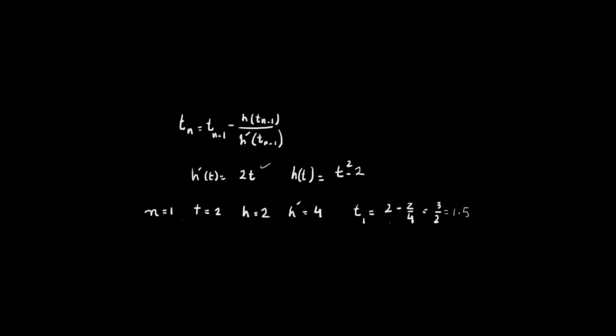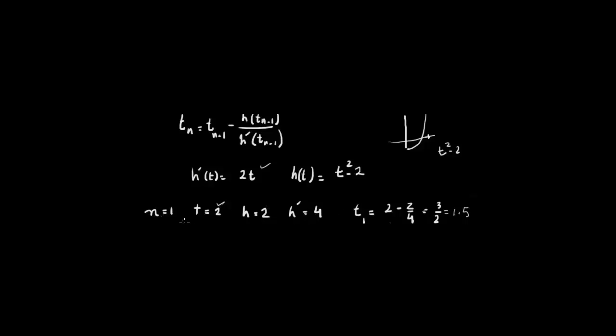Let's say we start with n equal to 1. Our initial choice, where I start on that curve, was initially at time t equal to 2. The height of that curve at that point, remember, was t squared minus 2, so if we plug in, it becomes 2, and the derivative of this function at that point is 2t, which simply came out to 4.